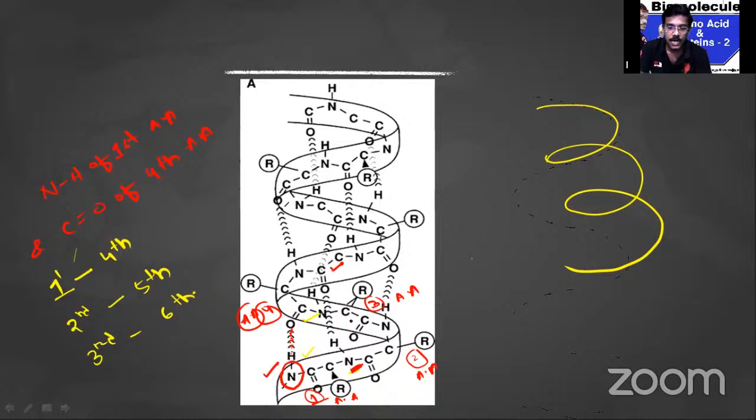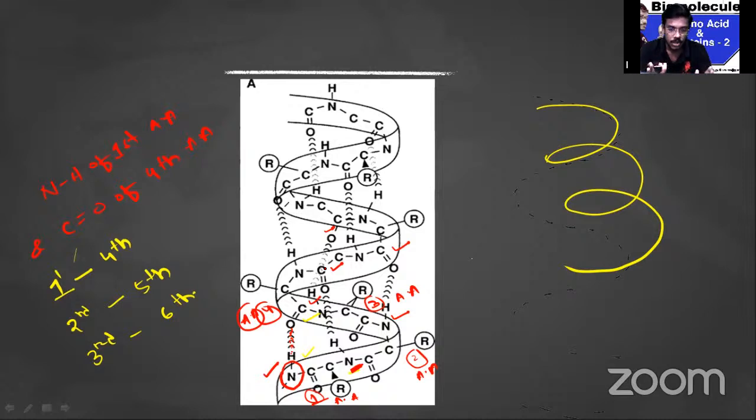This third NH group is connected with the sixth amino acid. Then the fourth NH group is connected with the C=O of the seventh amino acid. So this is the pattern of how the hydrogen bond is formed in the secondary structure of the alpha helix of the protein.